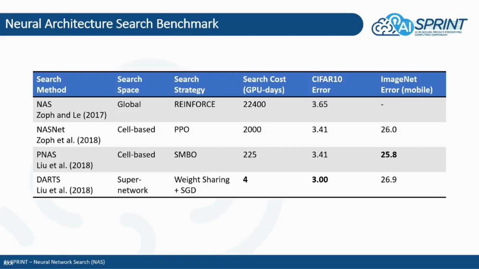So the entire search strategy is replaced by stochastic gradient descent. You see how this has an impressive impact on the search cost. An algorithm that at best was requiring a few hundred days of GPU now requires 4 days of GPUs. And it's also able to reduce the error on real datasets.